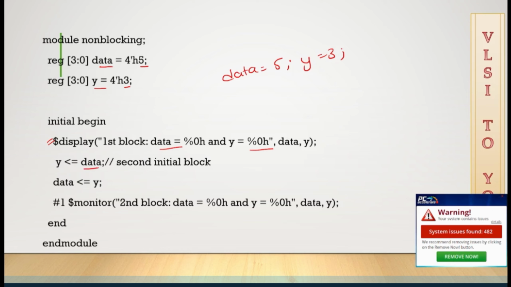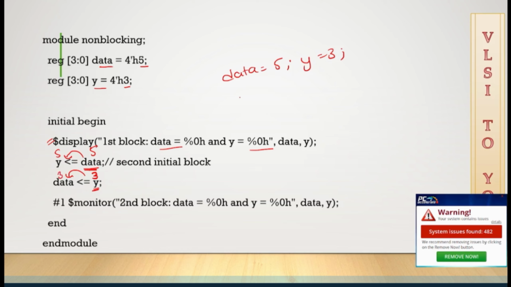Now what will happen? First, the data value that is evaluated here is 5, and parallelly the y value is also evaluated here as 3. Then after the values are evaluated, the assignment takes place. Then the value of y will be equal to 5, and the assignment of data will be 3.